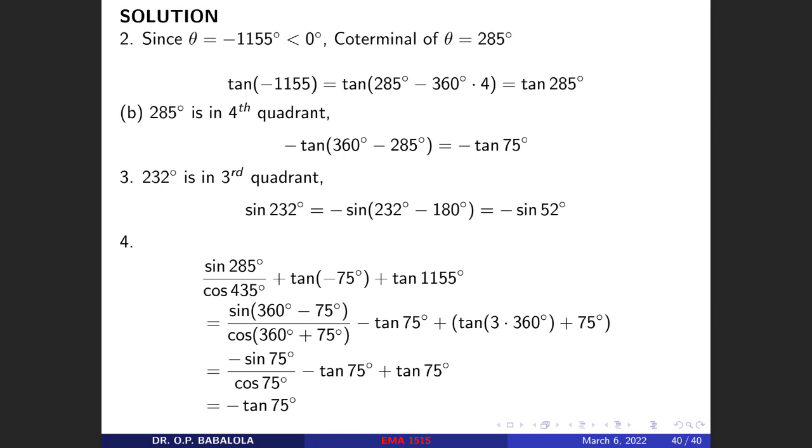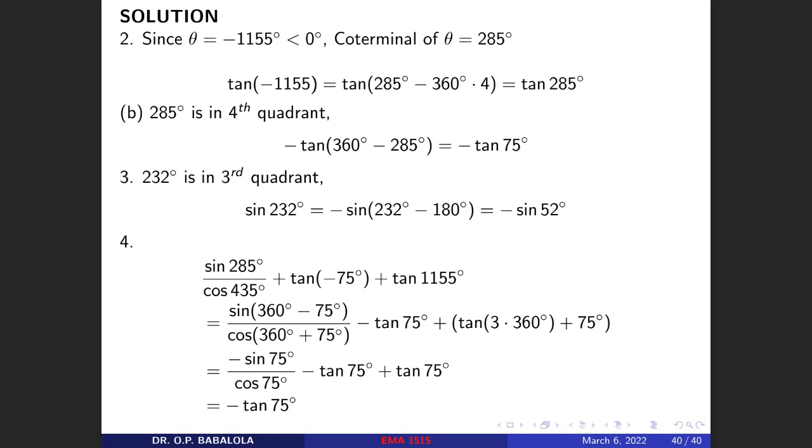So the coterminal of that will give you 285 degrees. Please confirm that at your own time. I know we have done coterminals and I'm sure you know how to find coterminals. I'm just looking at our time here. So the coterminal of this will be 285 degrees.